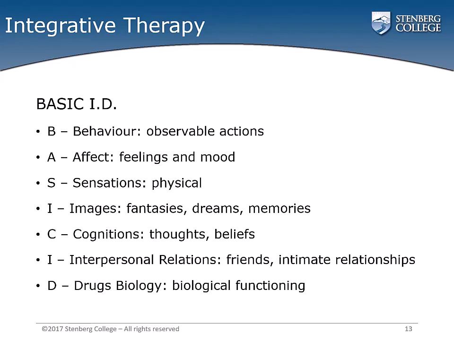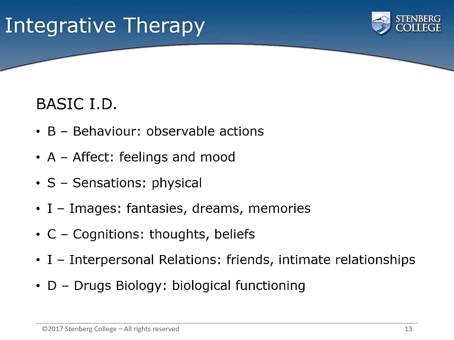B is for behaviors that are observable, whether actions, responses, or habits. A is for affect, or emotions and mood. S is sensations, which is taking the physical and sensory concerns into consideration. I is for images, and they are fantasies, dreams, memories, those sorts of things, as well as the client's view of themselves and their futures.